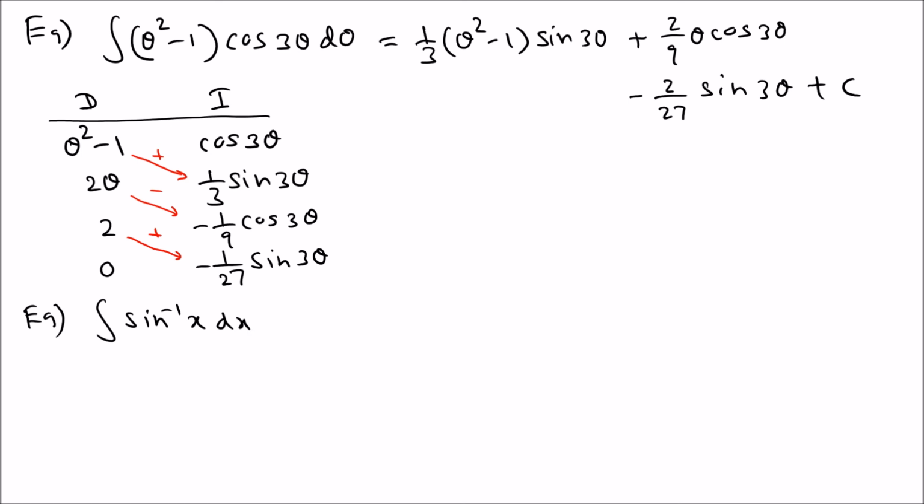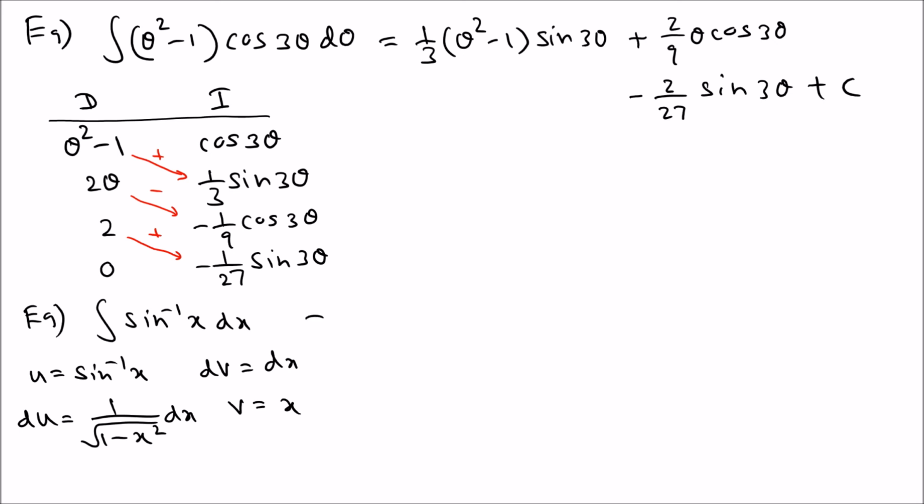So according to the argument, this is a trig function, so we're going to pick that one as the u. So the u equal sine inverse x, and then the dv equal dx. So take the derivative, so du equal 1 over square root of 1 minus x squared dx. If you take the integral, v equal x.